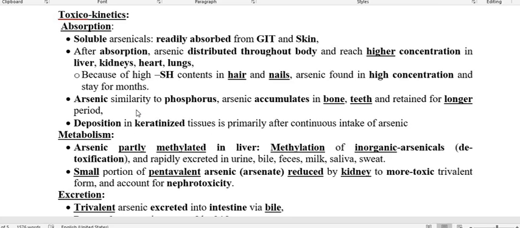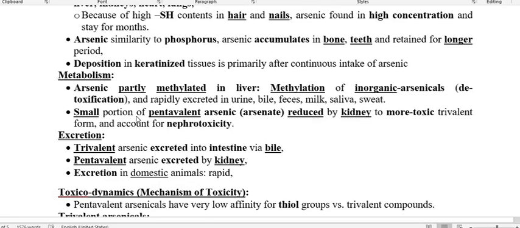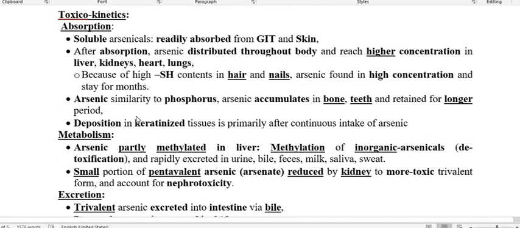So this is about the absorption and distribution of arsenic. Where the sulfhydryl group, the thiol group, the SH group, is found, you will find more arsenic, therefore more in hair and nails, and because of its similarity to phosphate, more in bone and teeth.